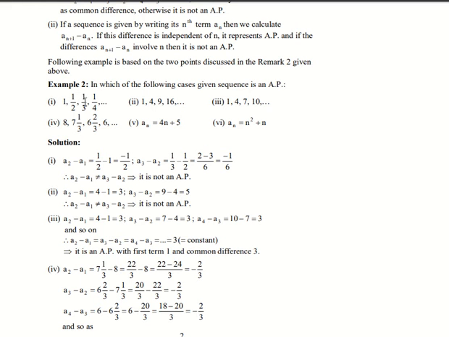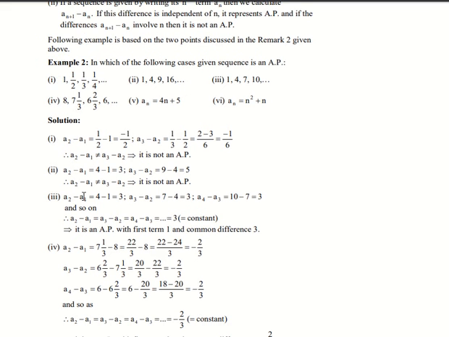The differences amongst the consecutive terms, not any random numbers, just the consecutive ones, should be the same. Since the difference is not the same between the first two and the next two values, it is not an AP.